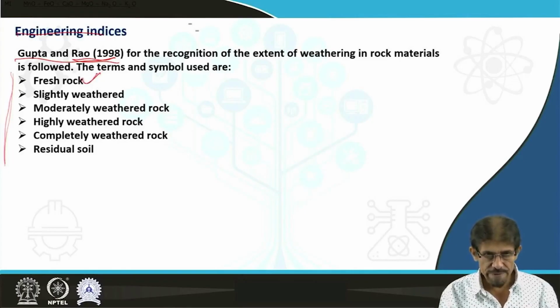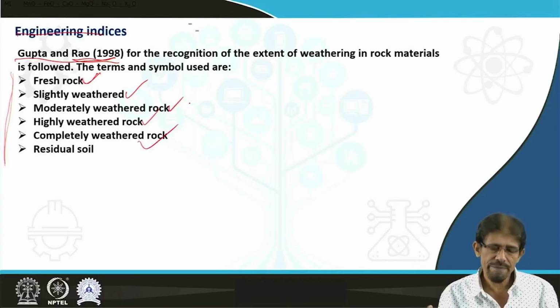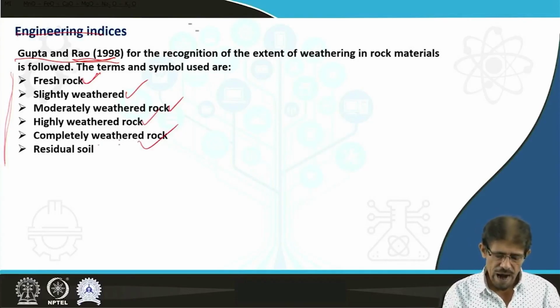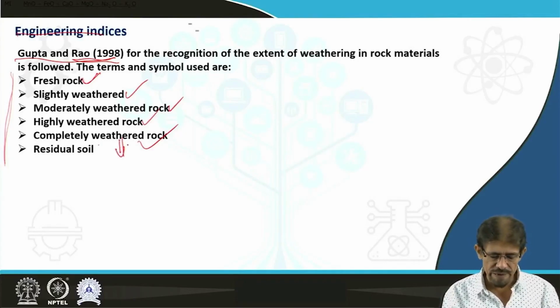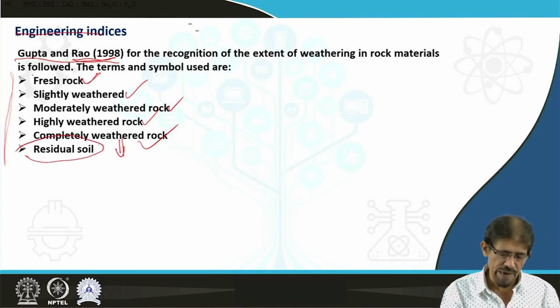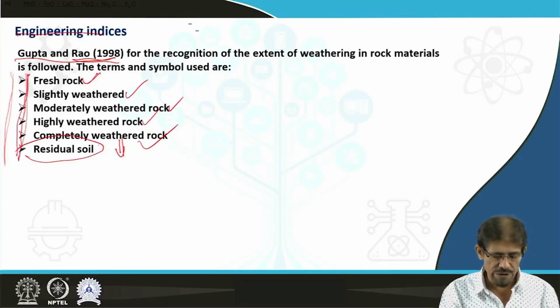If this fresh rock is subjected to slight weathering, it is recognized as slightly weathered rock, then moderately weathered rock, then highly weathered rock, then completely weathered rock. And after completely weathered rock, this changes into residual soil. So in this way we are able to categorize different types of rocks based on weathering intensity.